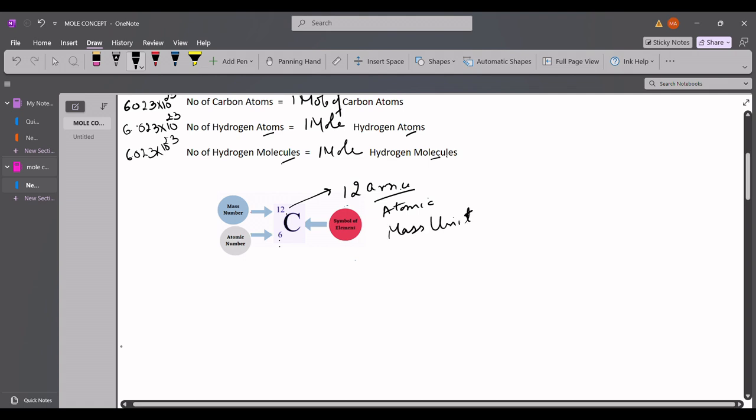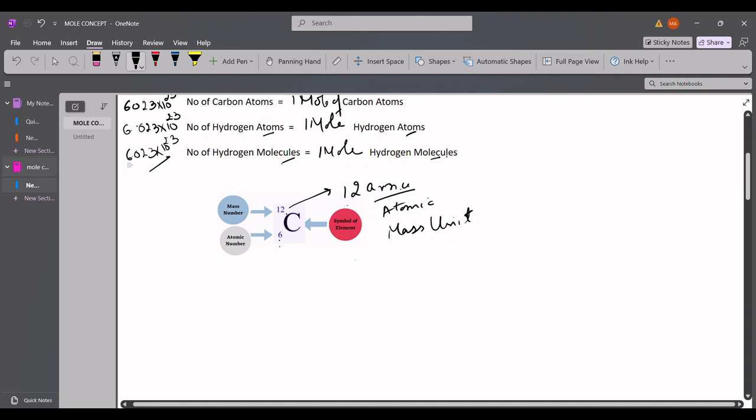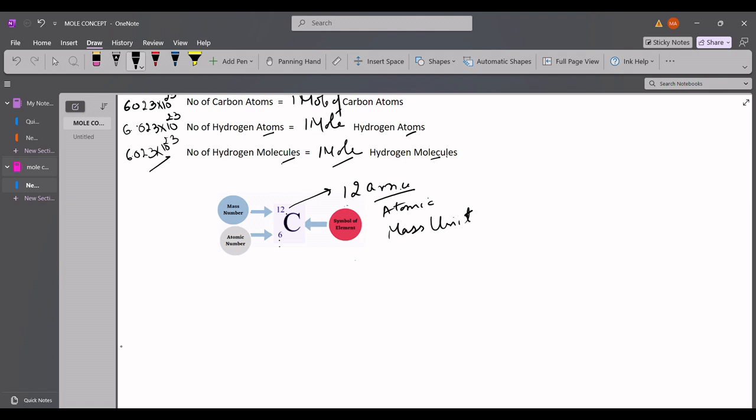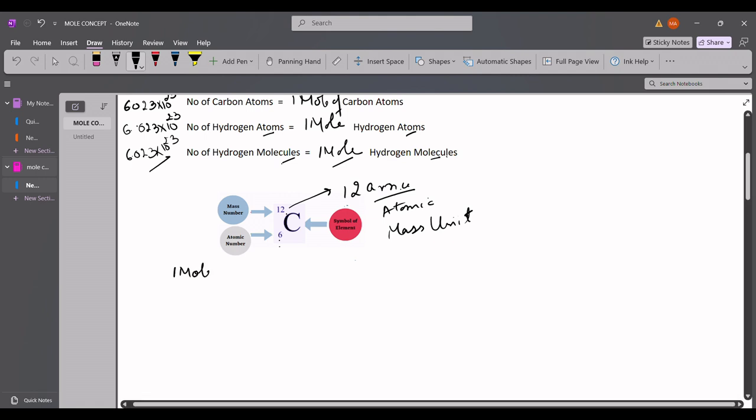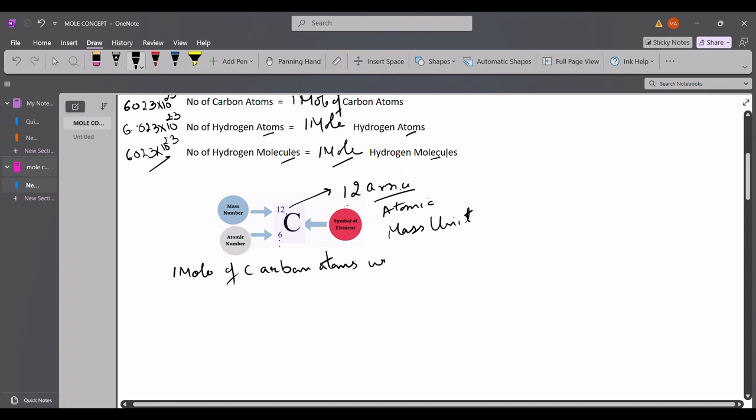Till today we don't have any apparatus which can weigh mass in AMU. To cover this problem, we need this number 6.023 into 10 raised to power 23, that is the mole number given by Avogadro. How? If I have 1 mole of carbon atoms, then it will weigh its mass number, that is 12, but in grams.